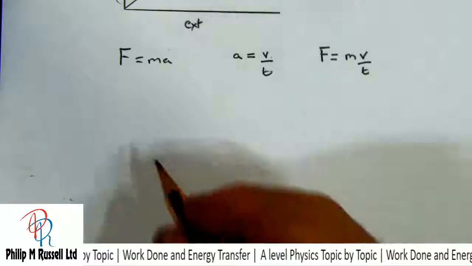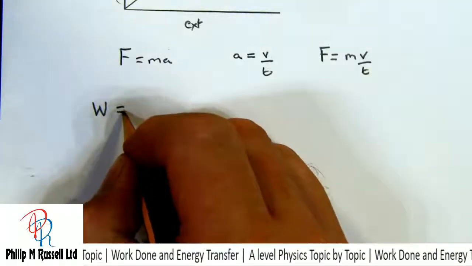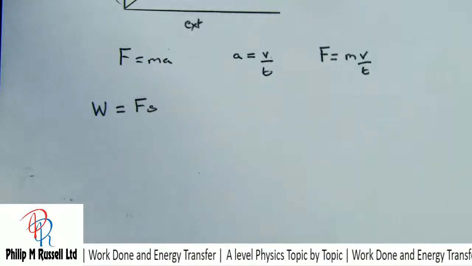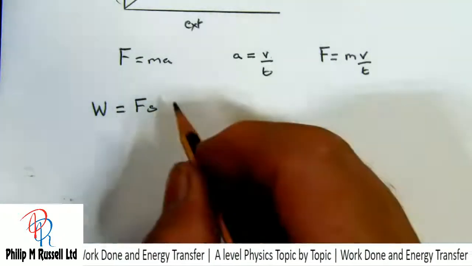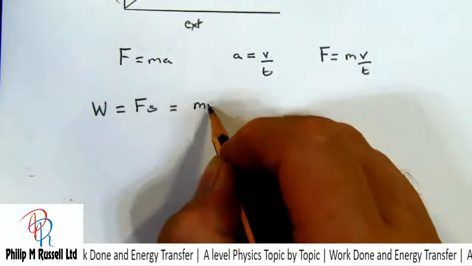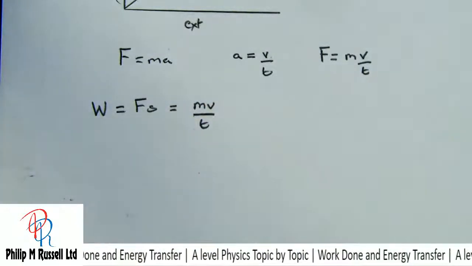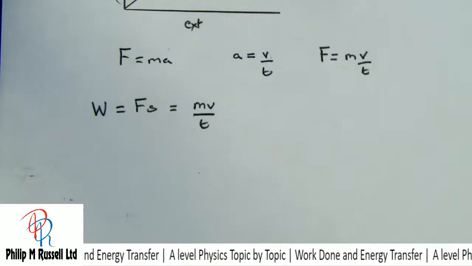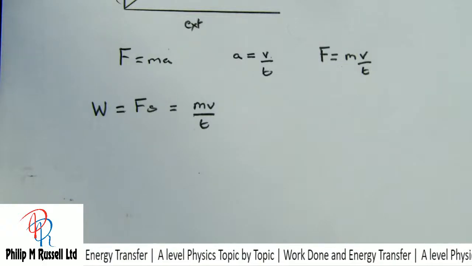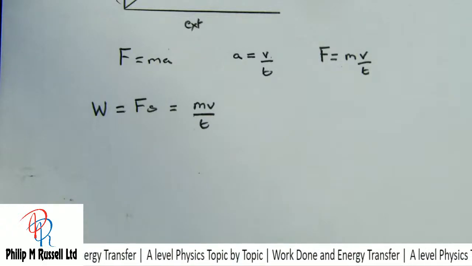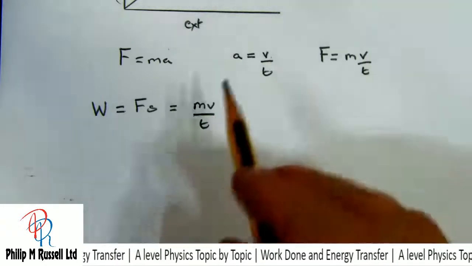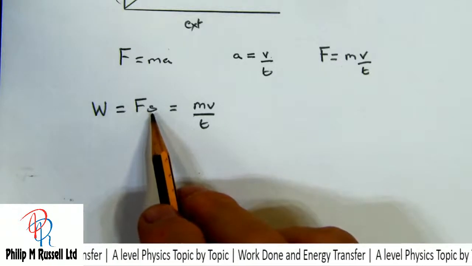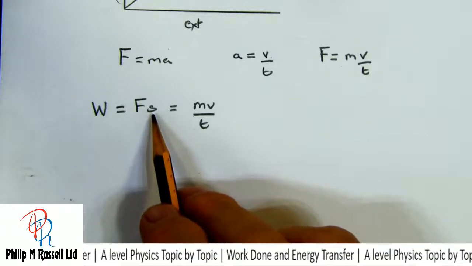So we know that work equals force times distance. We know it's also going to equal mv over t. And we can work out from that a variety of other things, like, well, I've got my distance.